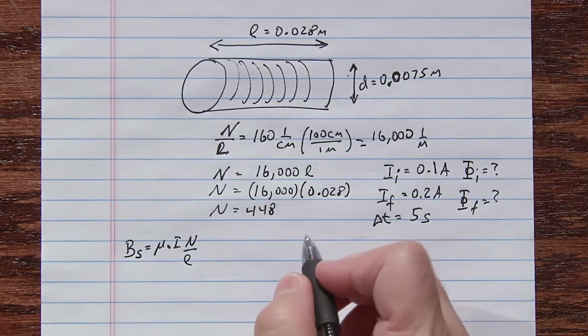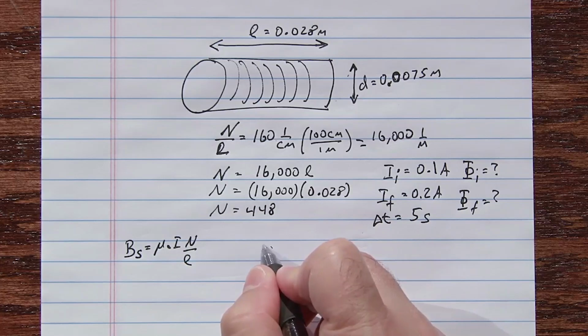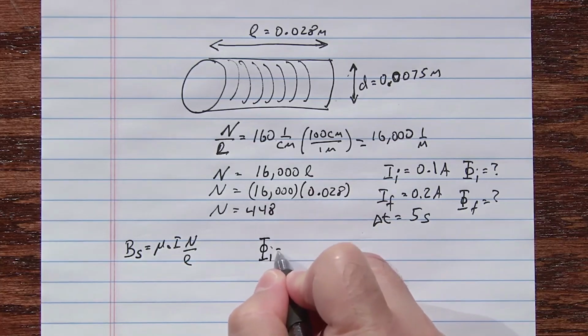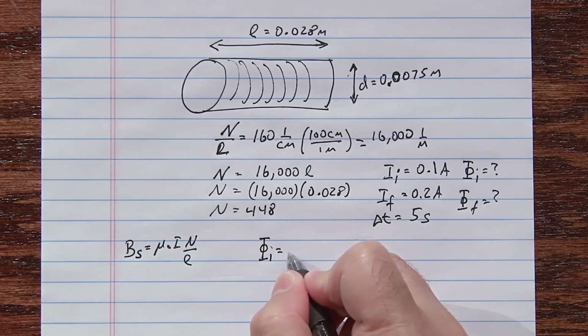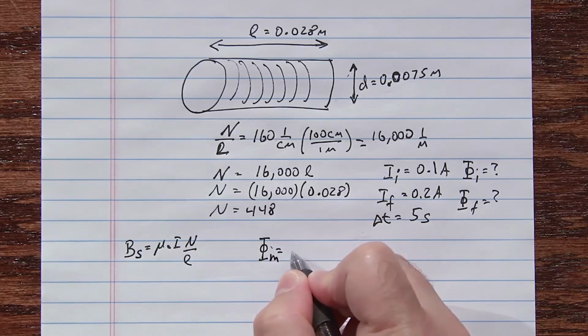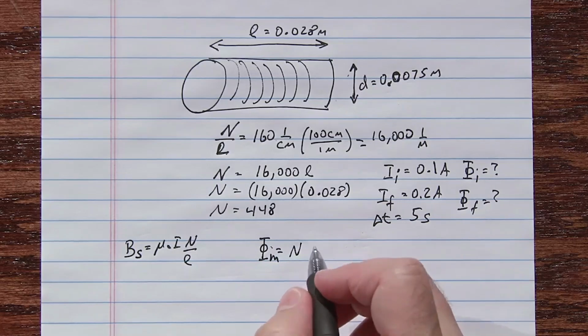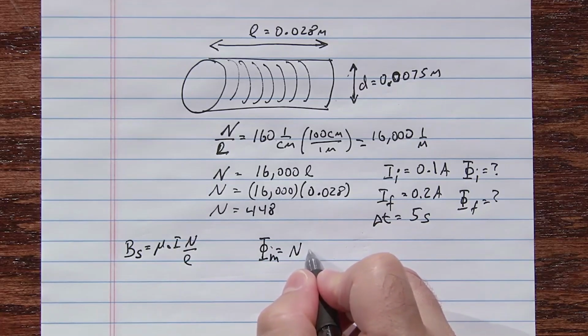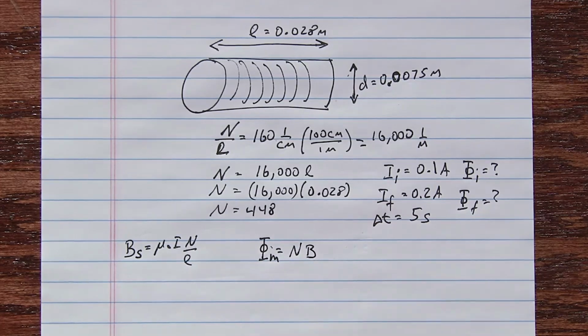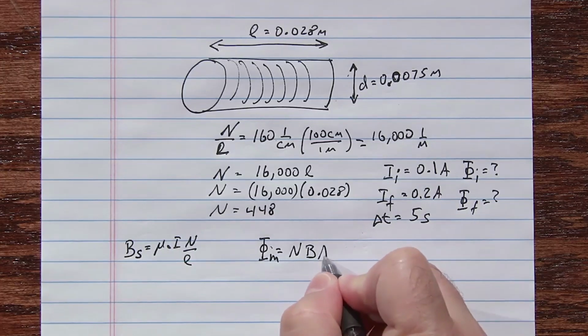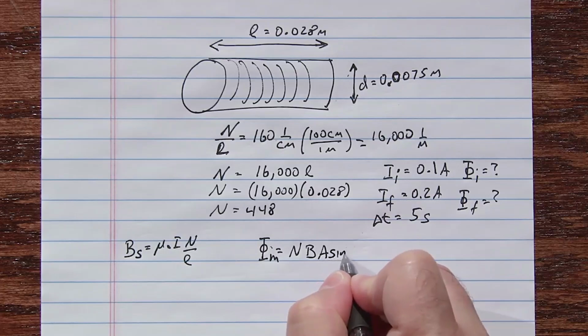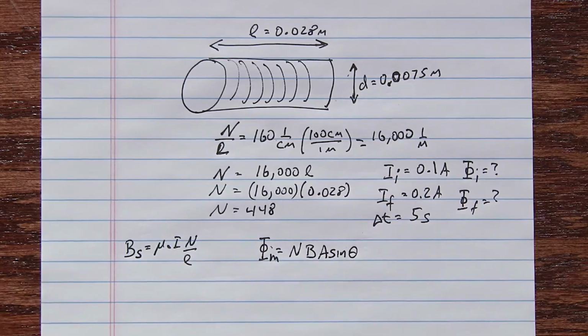Well, we know that magnetic flux is equal to the number of wraps of wire times B, the magnetic field through the loops, times the area, times the sine of the angle between the magnetic field and the face of the loop.